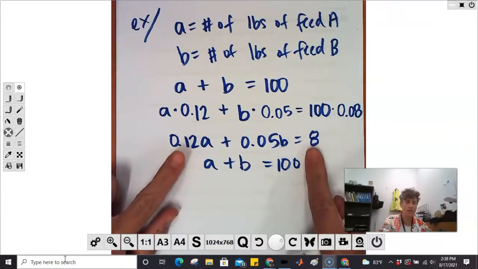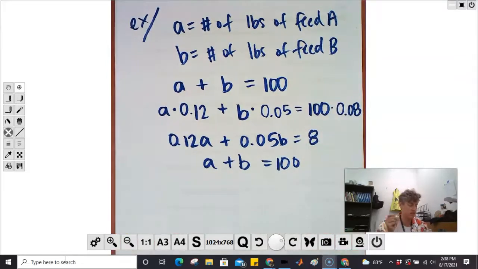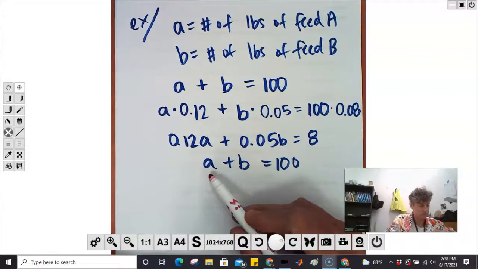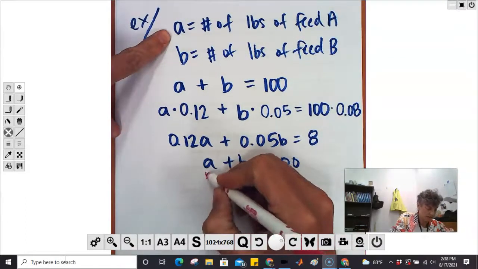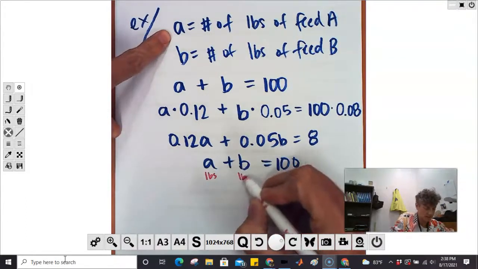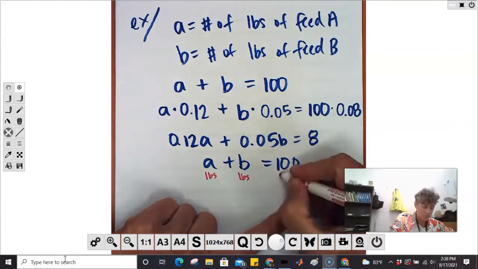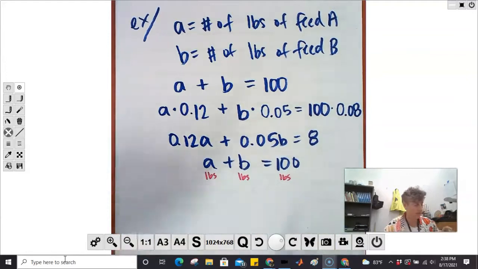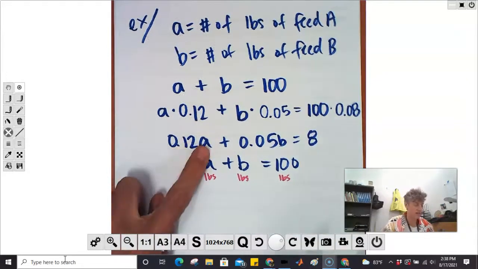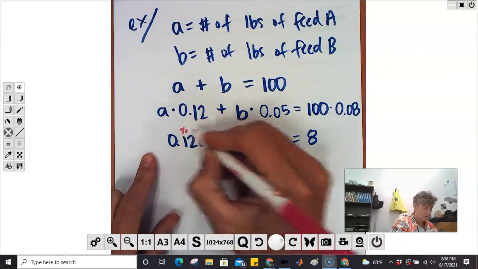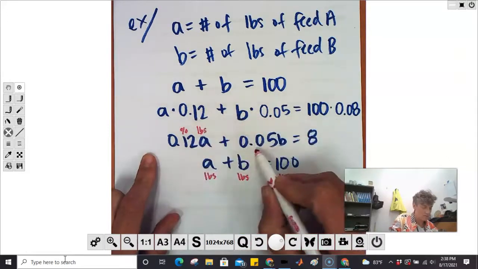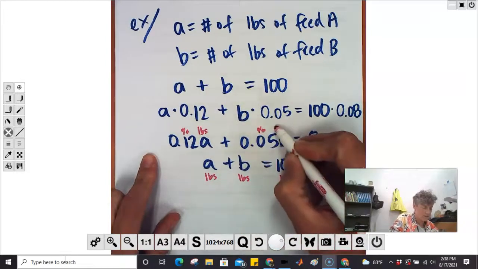Why is this the way it is? Let's think about the units for both of these. A is the number of pounds. So A is pounds. B again is pounds. Our 100 is our total number of pounds. All right, those all line up. And in our second equation, we got a percent times pounds, percent times pounds, percent times pounds.